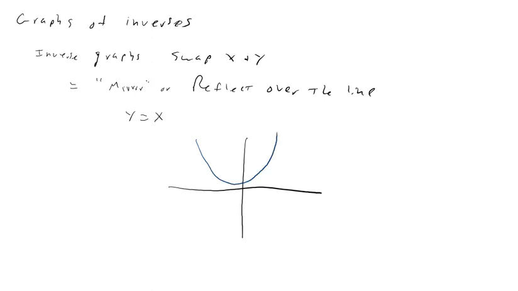If you imagine a dotted line right here, and this is the line y equals x, you can imagine folding this parabola over the line and getting another graph here, right? So you can match up the pieces, see where they go. What that would look like is something like this. This would be f inverse of x.